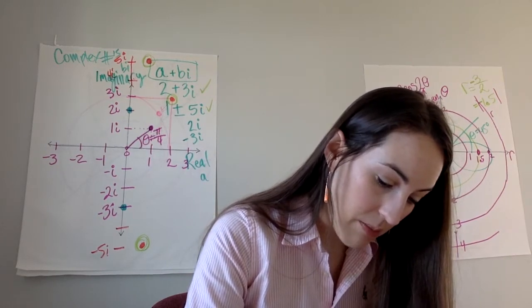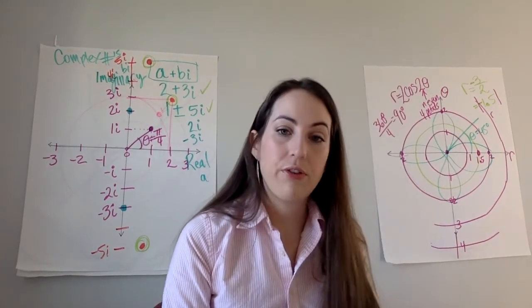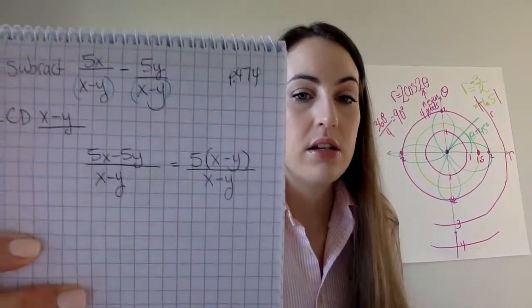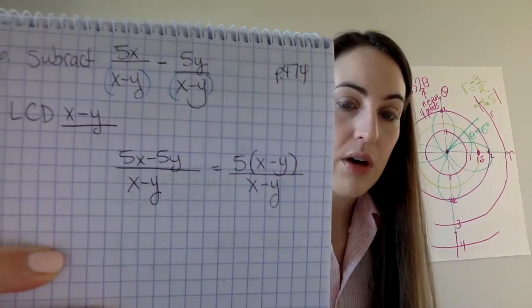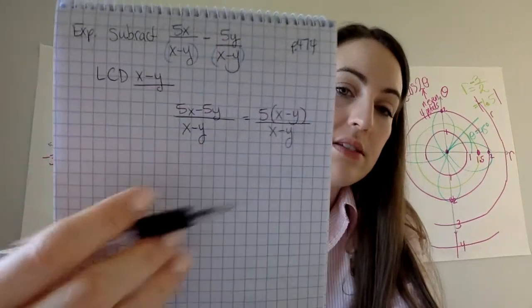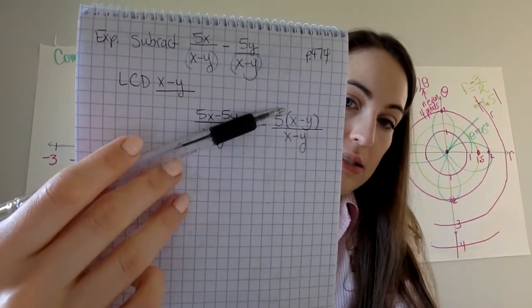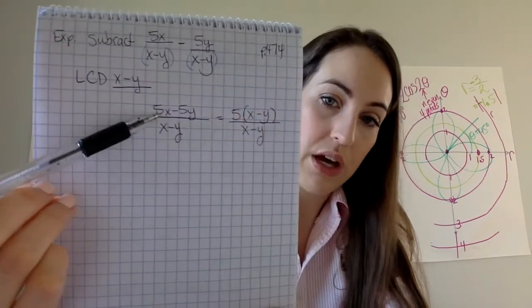Denominator stays the same. So when I took out the 5, that was a 5x. I'm left with an x. Copy the minus sign. I took out the 5 from the 5y. I'm left with the y. Okay? And I can always double check my work.